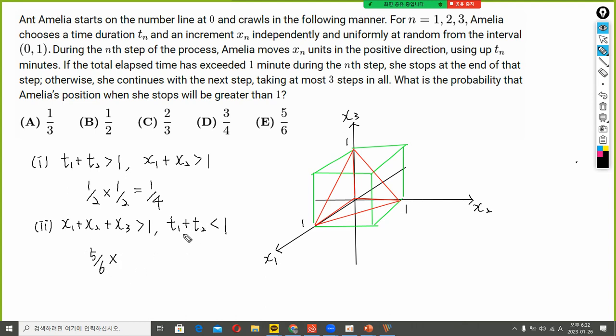And once again, the probability that the sum of 2 is less than 1 is equal to the probability that the sum is greater than 1. So that's 1 over 2. So 5 over 12.